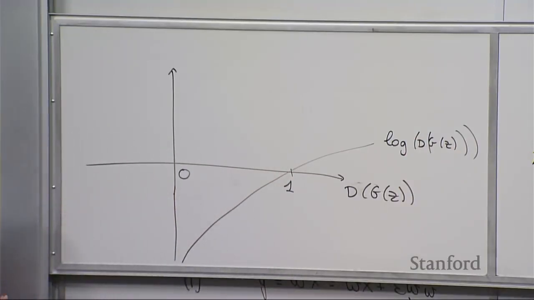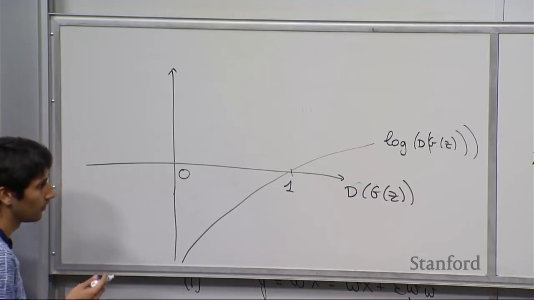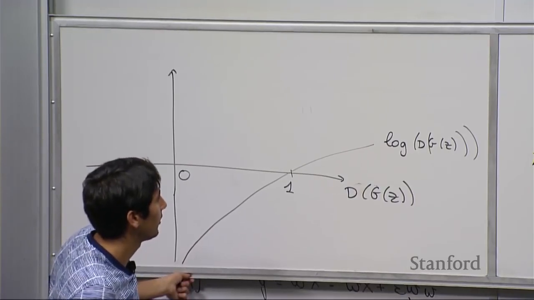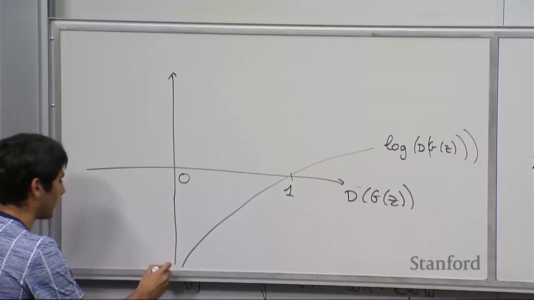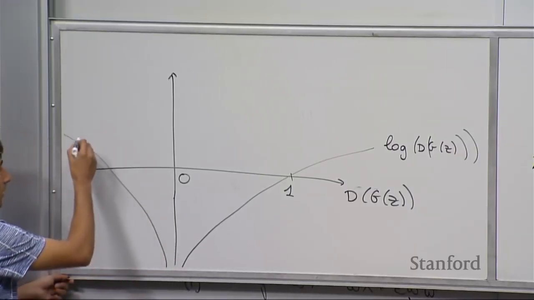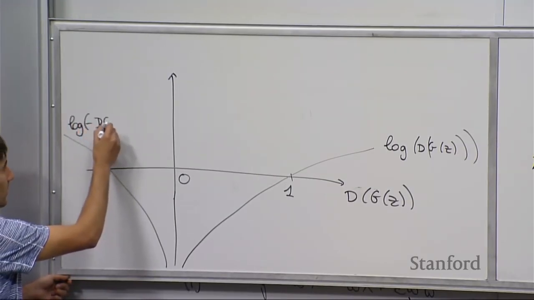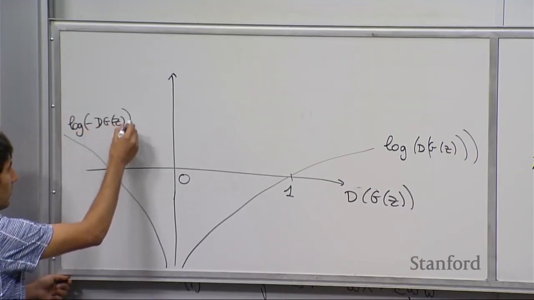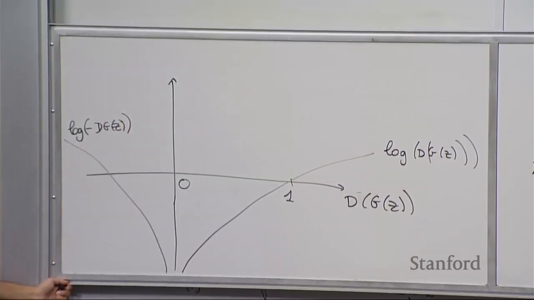If I plot minus that, so let me plot minus logarithm of D of G of Z, or let me do something else. Let me plot logarithm of minus D of G of Z. This is it. Do you guys agree?